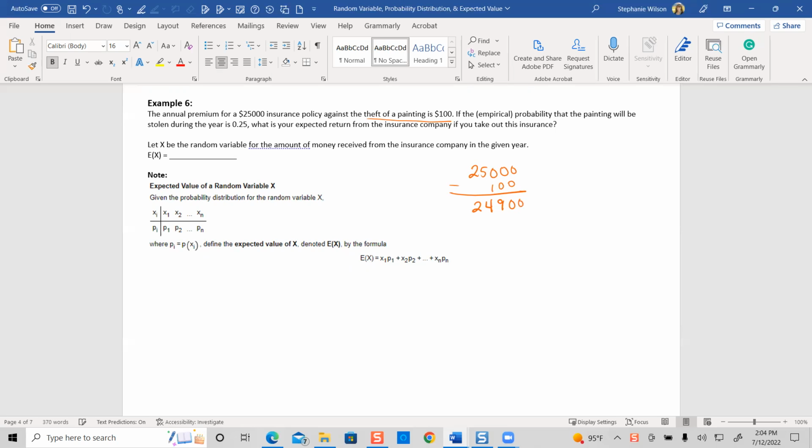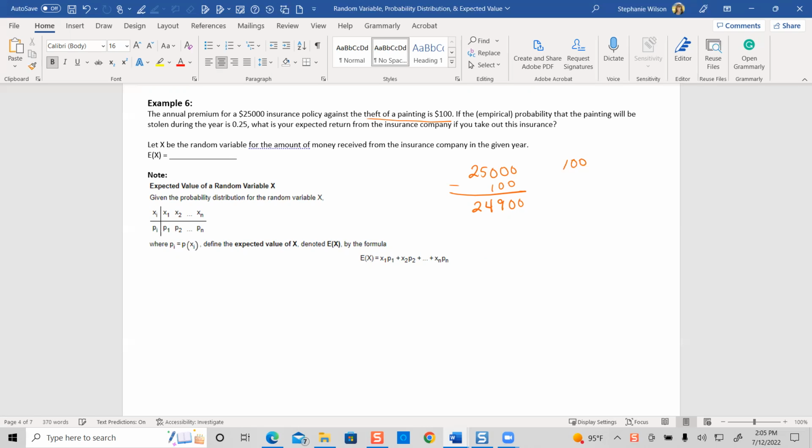This here is the net amount received from the insurance company, right? If it's stolen during the year, this is what we're going to have. And if the painting is not stolen during the year, you'll lose $100, right? If it's not stolen, we're going to lose 100.